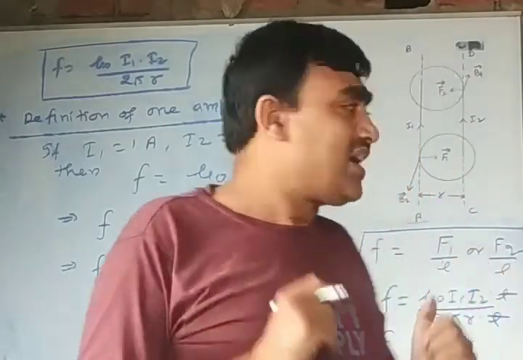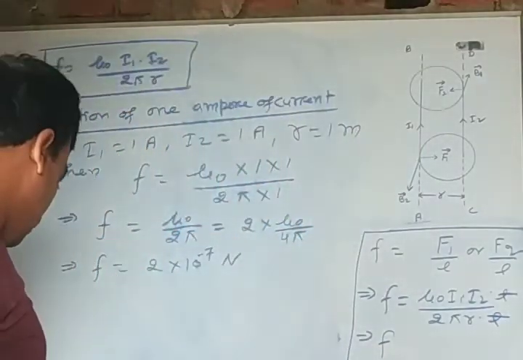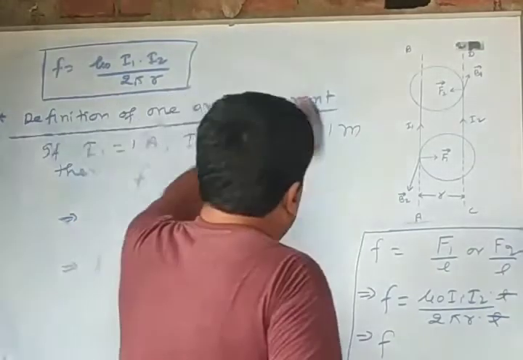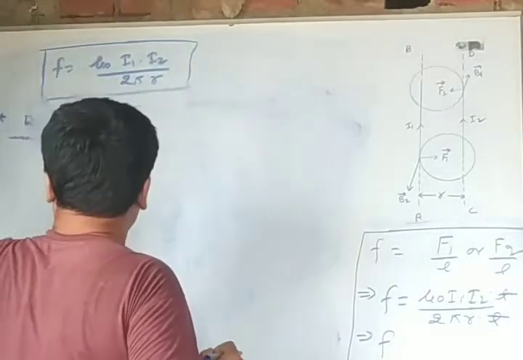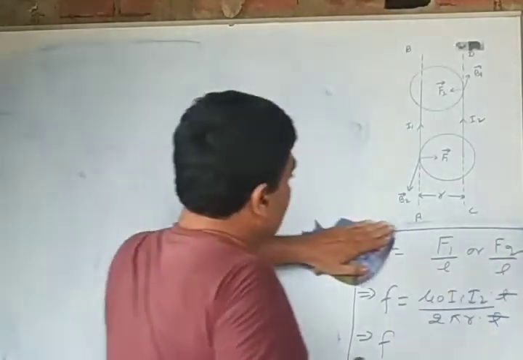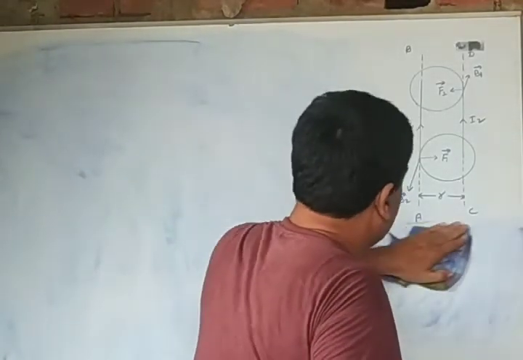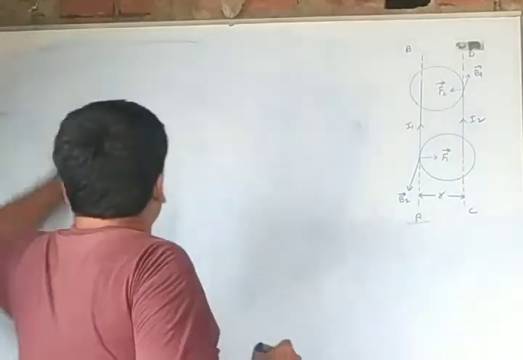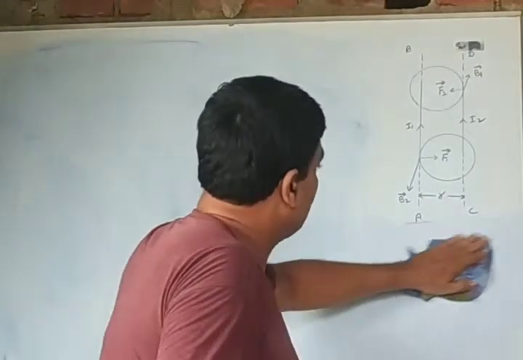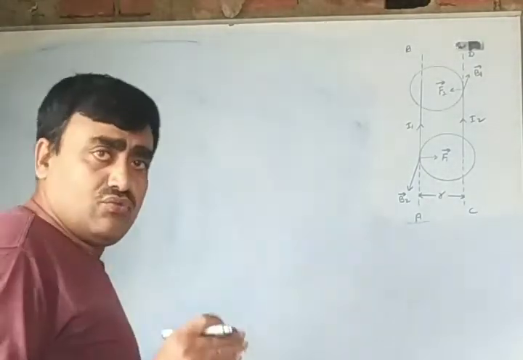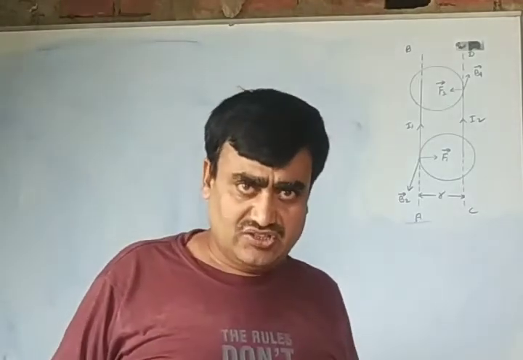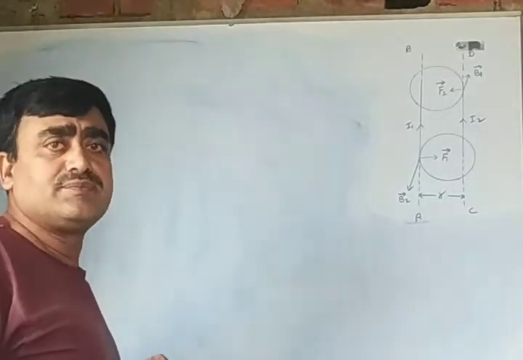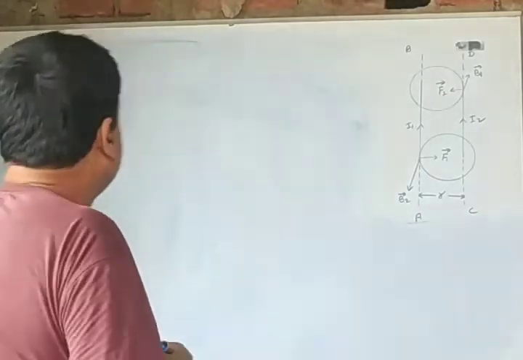Here special cases are also presented. If the current is flowing in the same direction, then when we apply Fleming's left hand rule, we find that the nature of the force is attractive.